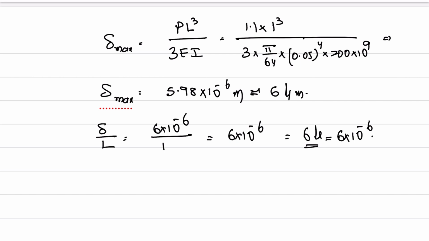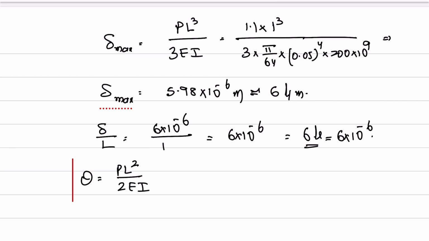Now, even though it's not asked in the question, let's find out the theta, the angle. I have already explained what the angle is. Theta is equal to PL square by 2EI. These formulae are valid only for this particular case.